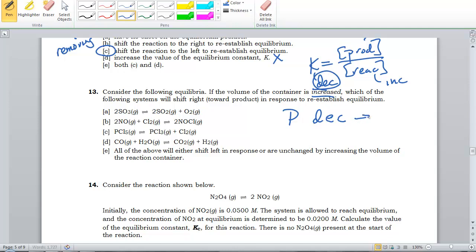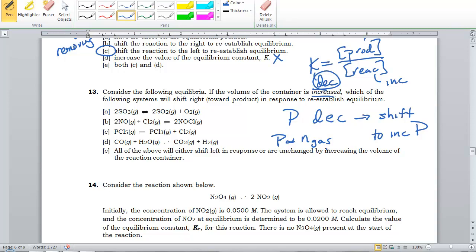So it's going to shift to increase the pressure back up. Well, how is it going to do that? Yeah, it can increase pressure by making more gas, more moles of gas, more gas particles, because pressure of a gas is directly proportional to moles of gas.